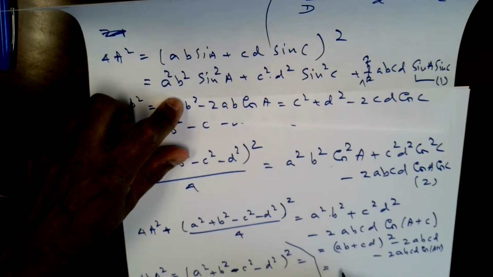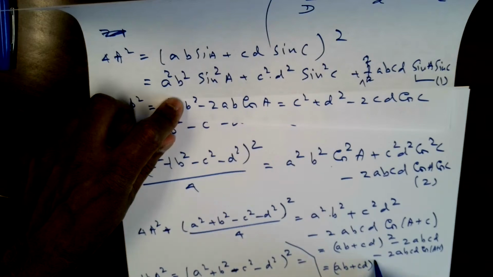So this can be further simplified because this becomes ab plus cd the whole squared minus 2abcd. If you pull out, and if I write cos 2a as 2 cos squared a minus 1, this becomes 4abcd cos squared a plus c by 2.